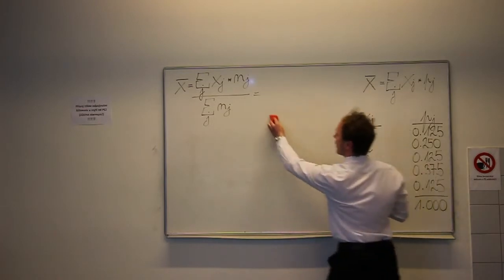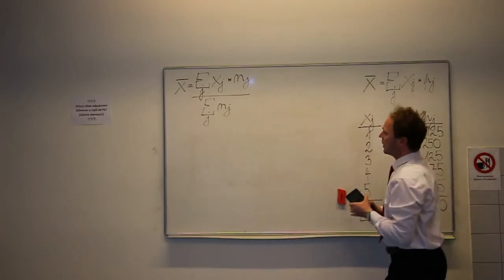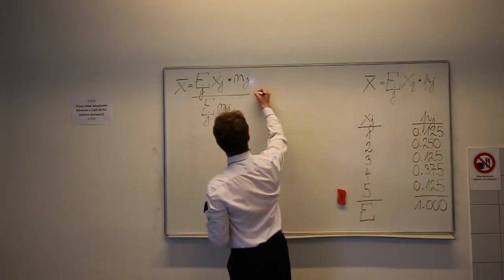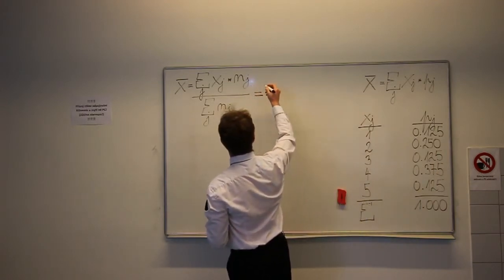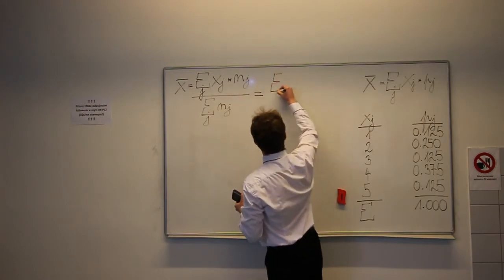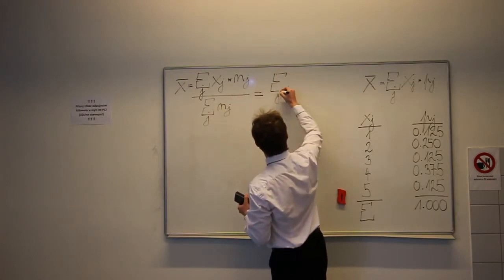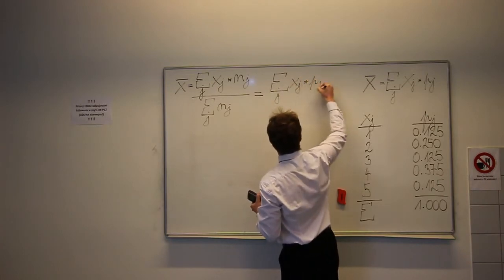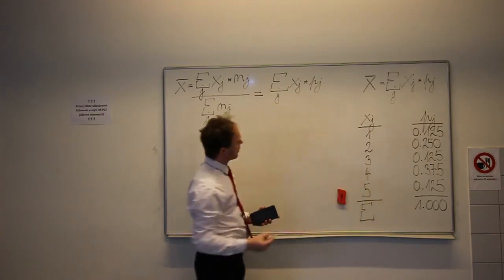Yes, and this formula in absolute frequencies is equal, can be denoted as summation through all j of xj, pj, yes, and that's all.